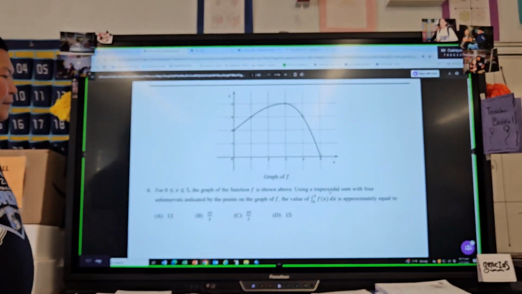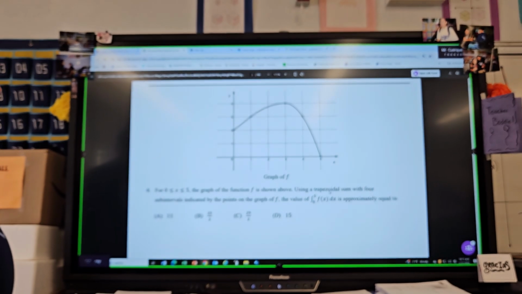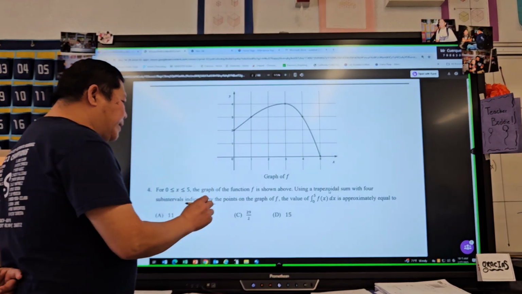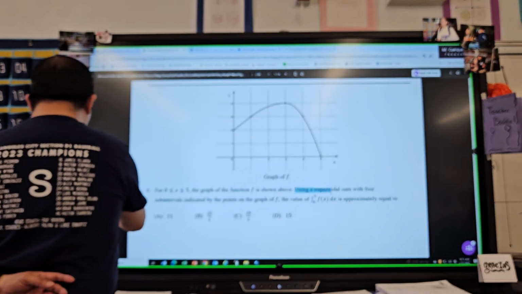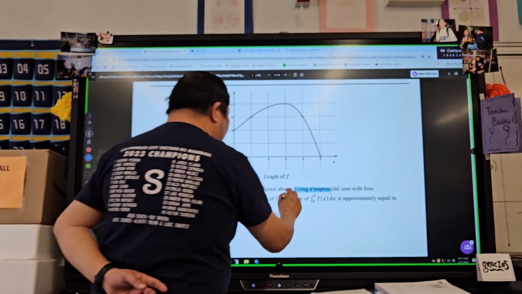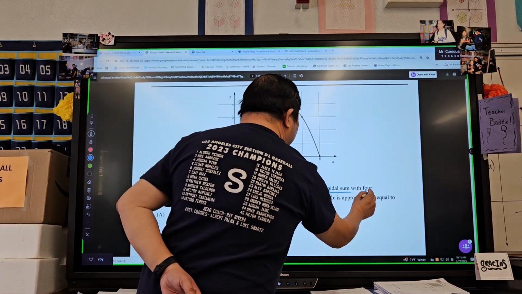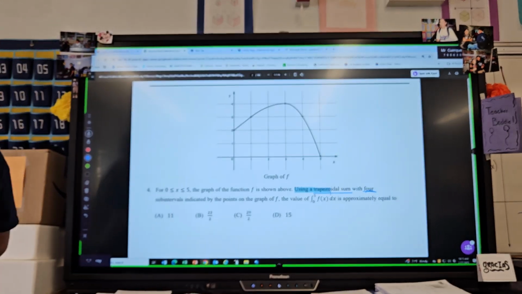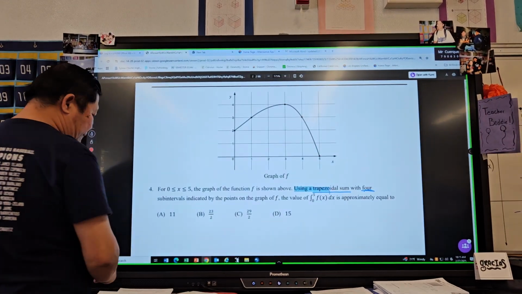Using a trapezoidal sum with 4 intervals indicated by the points on the graph of f, the value of the integral of f of x dx is approximately equal to... Okay, trapezoidal sum with 4 subintervals. Please underline or highlight 4 subintervals.